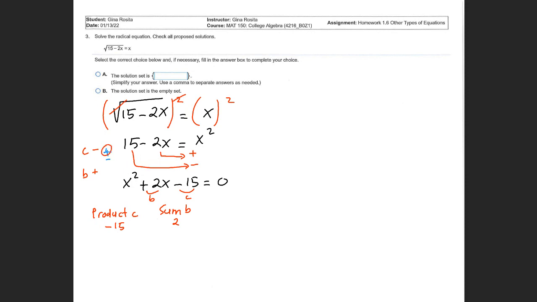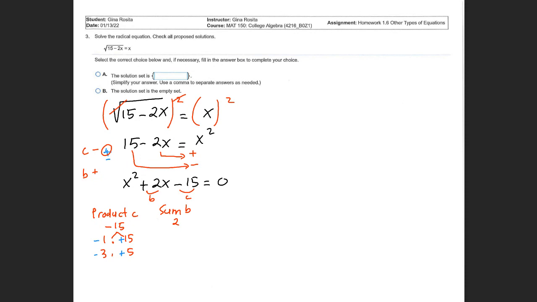So now the factors of the product 15: 1 times 15, 3 times 5. So I put the positive sign on the biggest number and the negative sign on the lowest one.